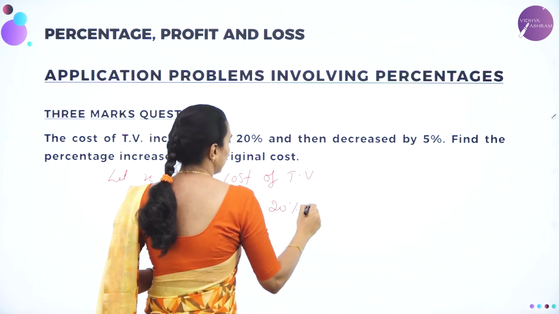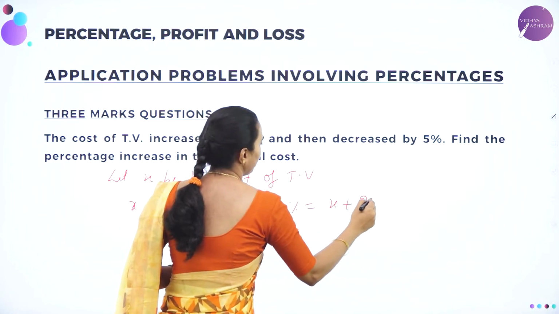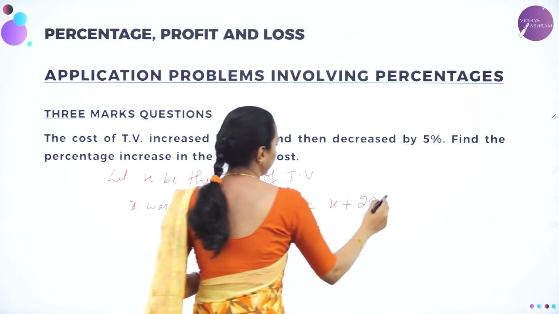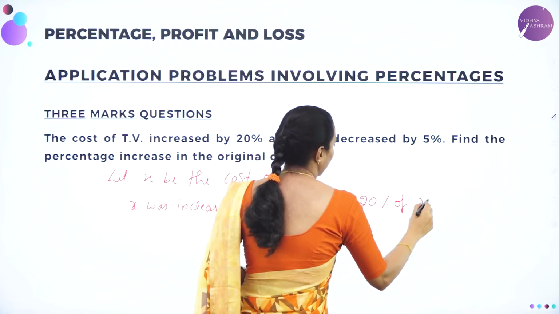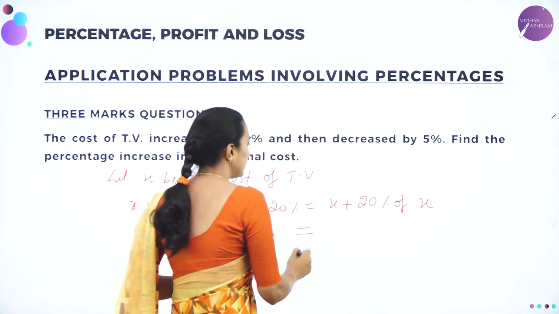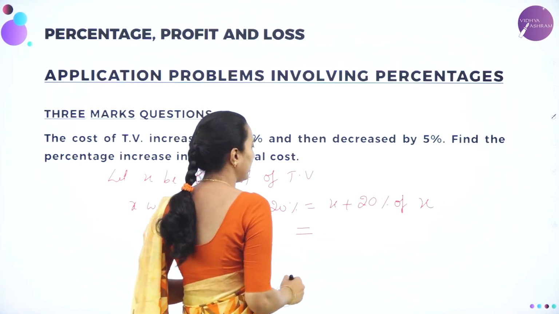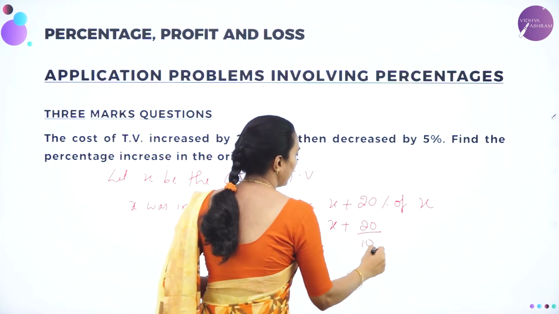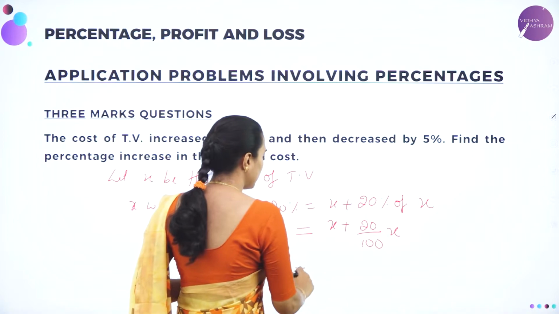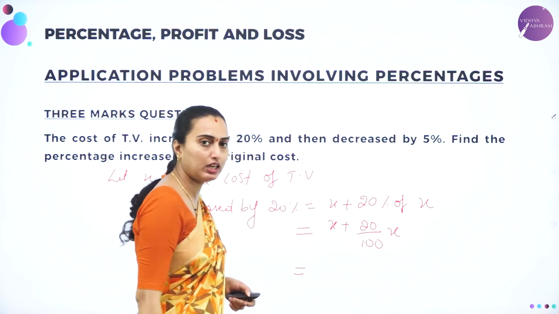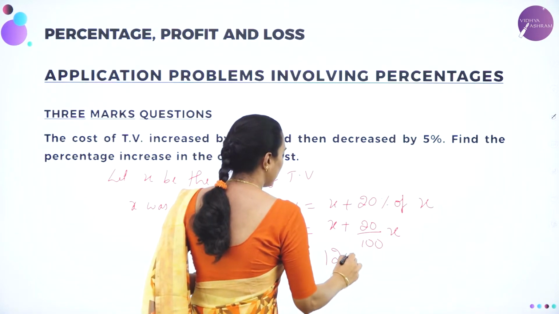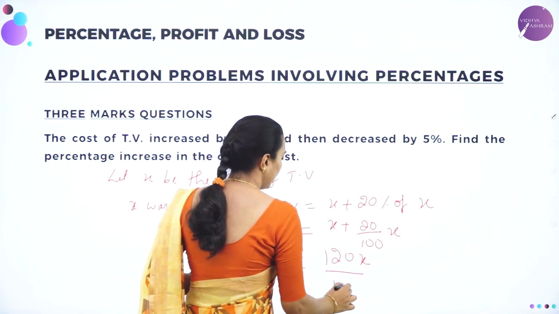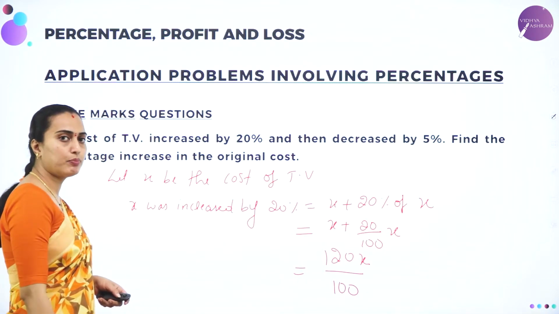cost of the TV. So X was increased by 20%, right? So X plus 20% of X, which will be X plus 20 divided by 100 into X. If you take LCM, 100X plus 20X is 120X divided by 100, right? So 120X by 100.